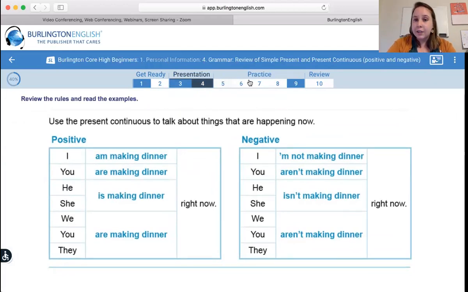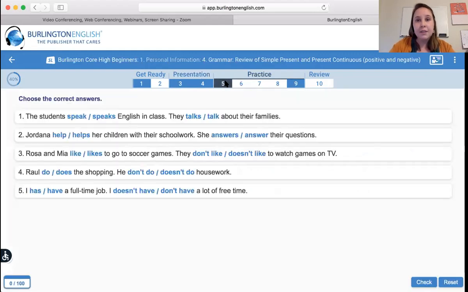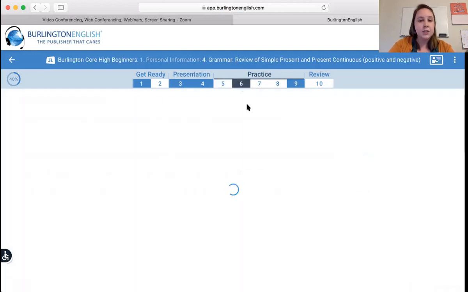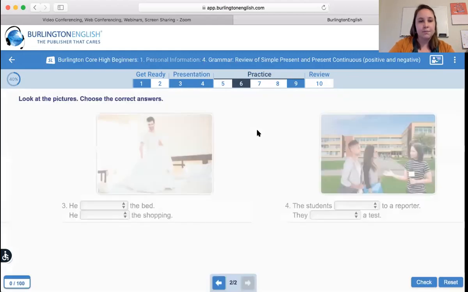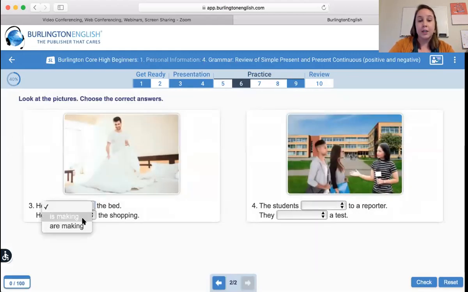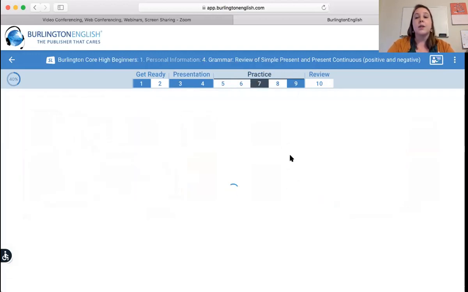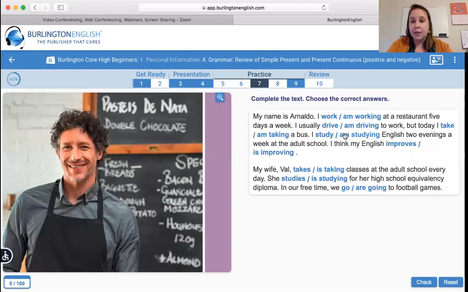Then you're going to get into the practice here. And for the practice, you're going to be doing some of the same exercises we did in class. So you're going to choose the correct form of the verb. Number 6, you're going to look at the pictures and choose the correct answer like we just did in class. For number 7, you're going to be, again, choosing the correct answers.